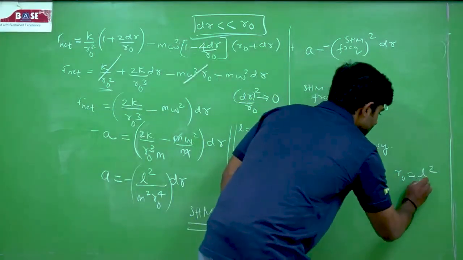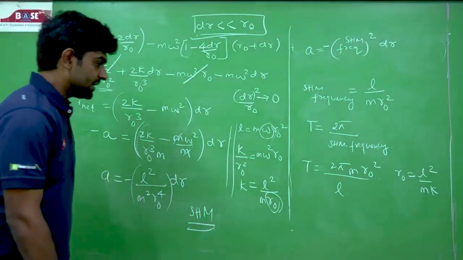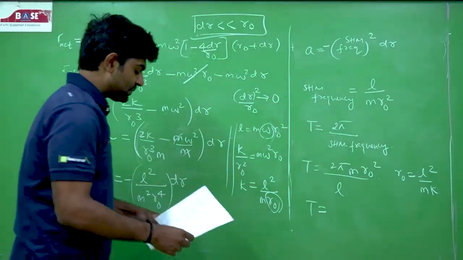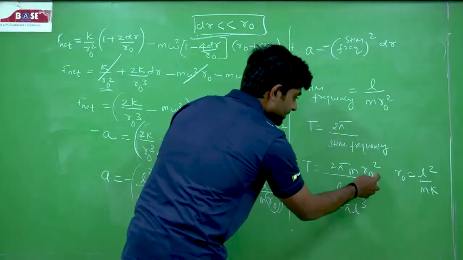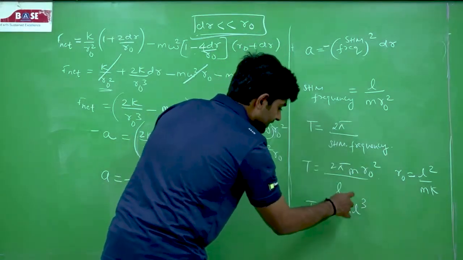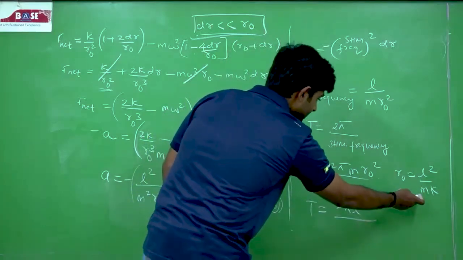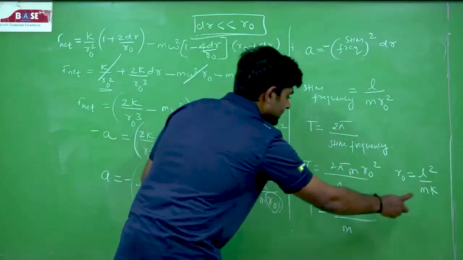If you do that, you will get time period equal to 2 pi L cube, because when you substitute r naught here, you will have L power 4, one of the L cancels and you get L cube here, and when you are squaring it, there will be m squared here, and there is one m in the numerator, so there is one m here, and k squared.